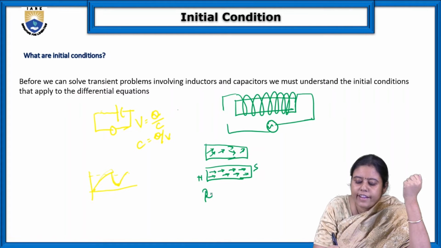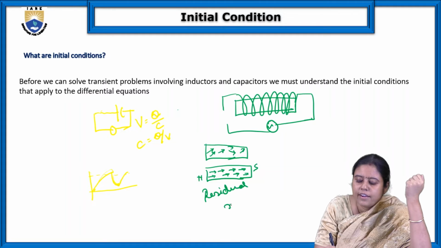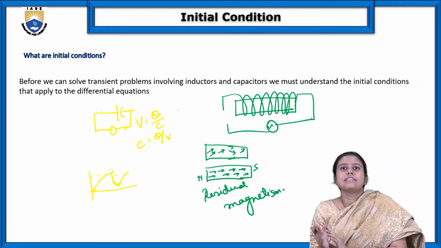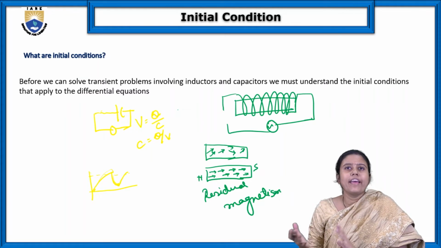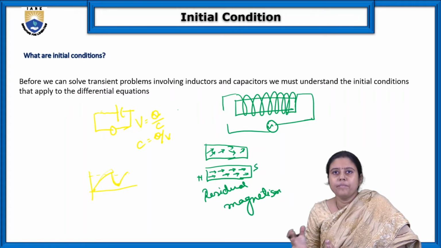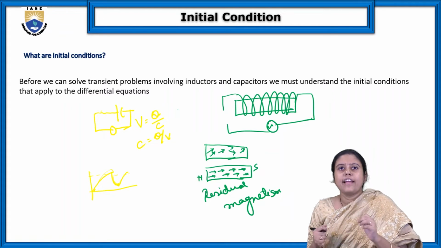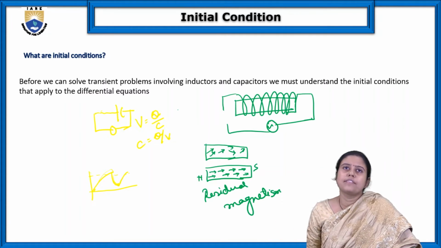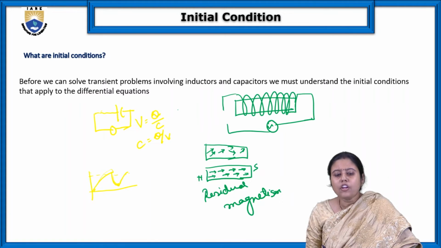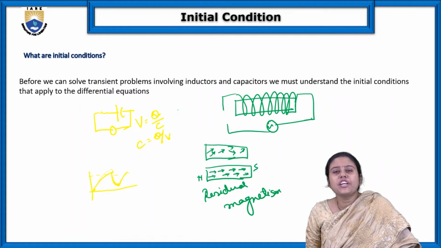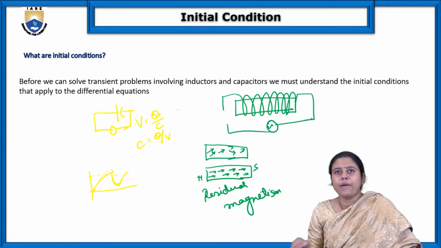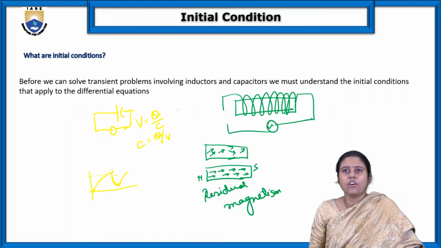This is called residual magnetism, and it will always be present in the system. Electrical machines work on this: while we are switching off the motor, some residual magnetism is always present in the system. These are known as the initial conditions. Mathematically it is zero, but practically there is some value, and this is called the initial condition.